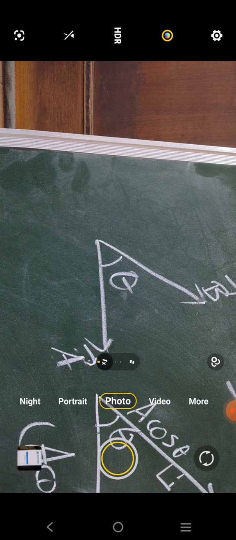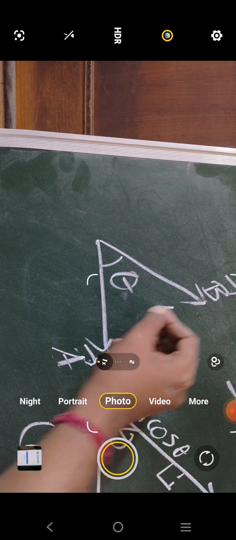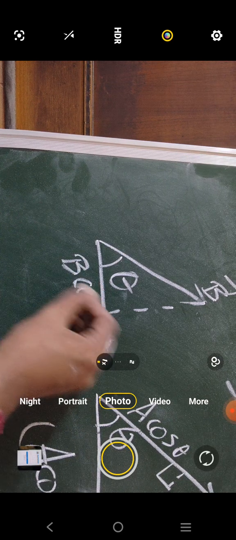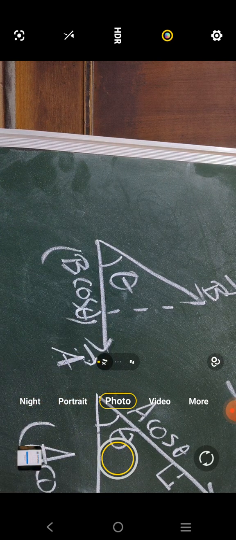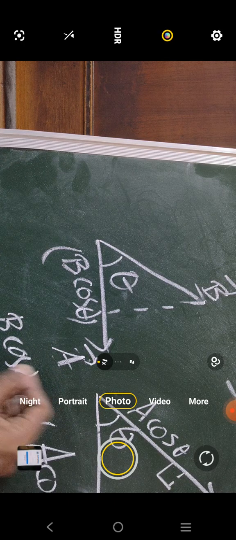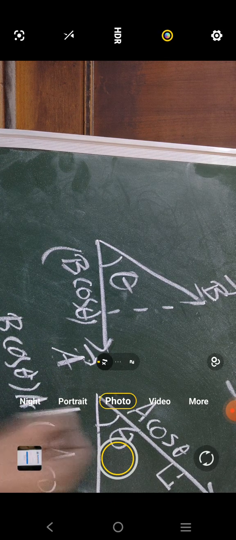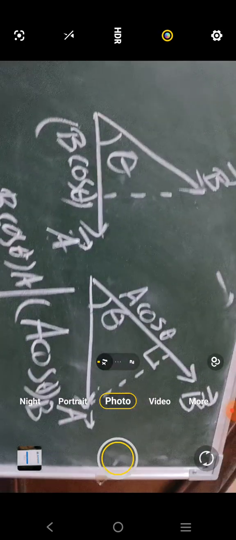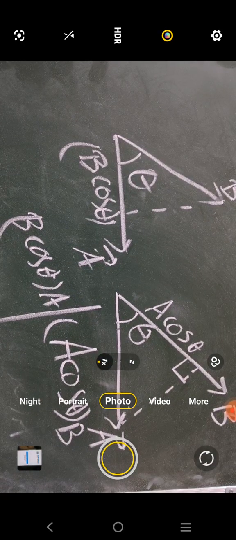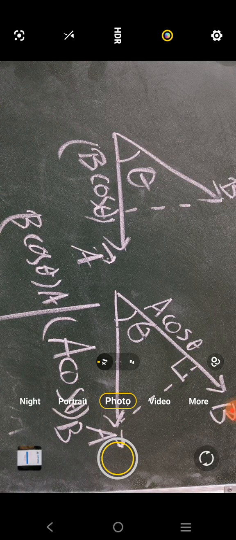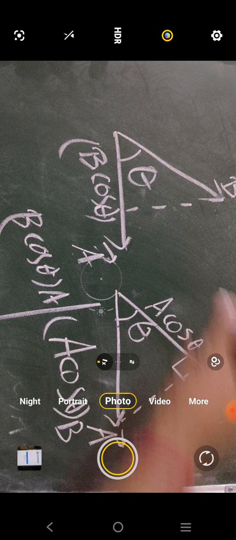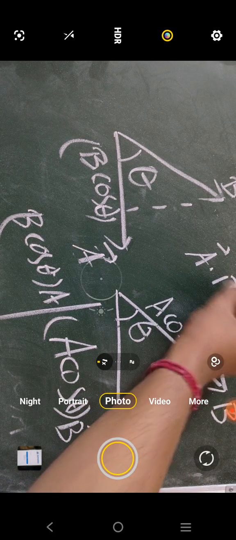If I am telling the projection of B vector on A, that will be B cos theta into A, and the projection of A over B will be A cos theta into B. So be very specific.